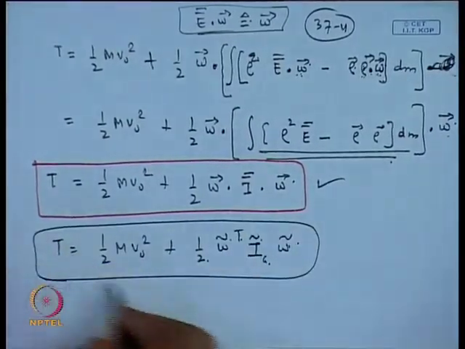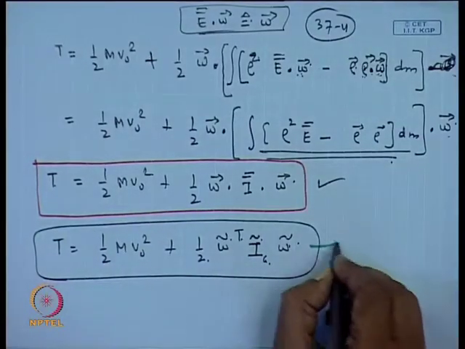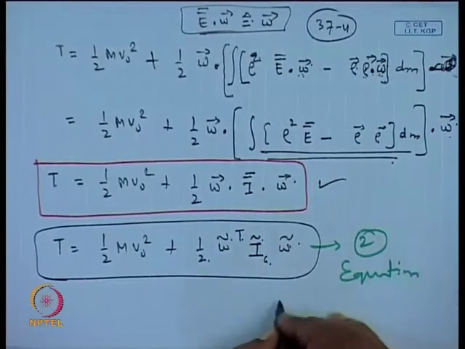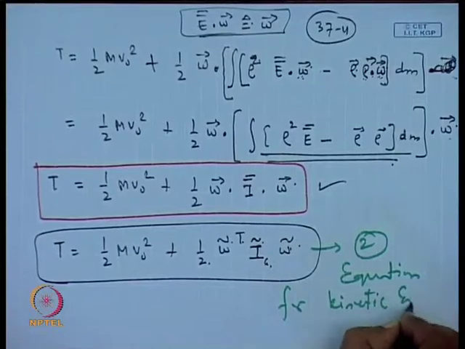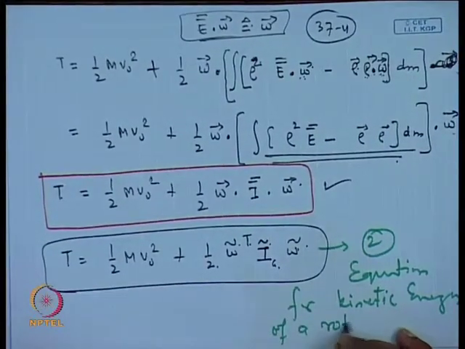So, this gives you the equation for kinetic energy of a rotating rigid body.